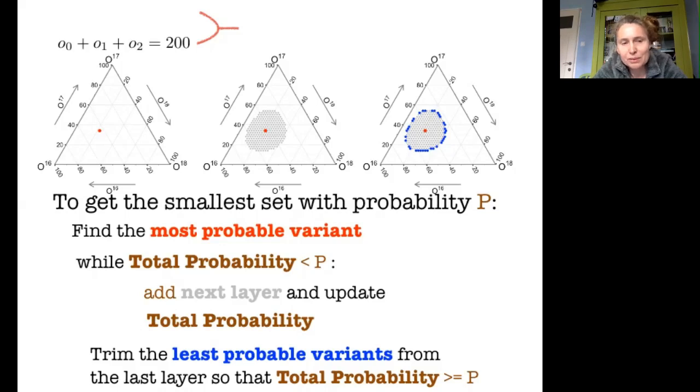It's a very simple example. We have 200 oxygen particles, and in this three-dimensional simplex, each point corresponds to one isotopologue. The red point corresponds to the highest peak, the isotopologue with 3 monoisotopic variants. We can see that neighboring states are those with a bit smaller probability.